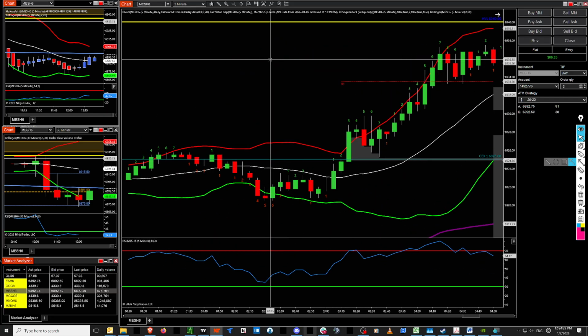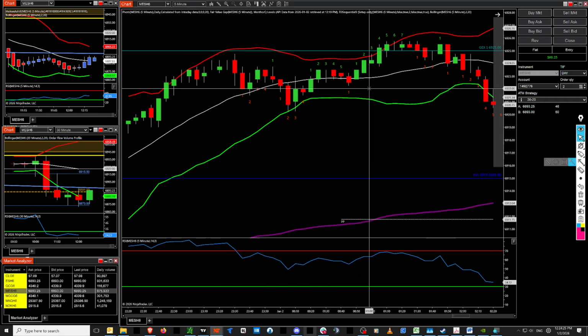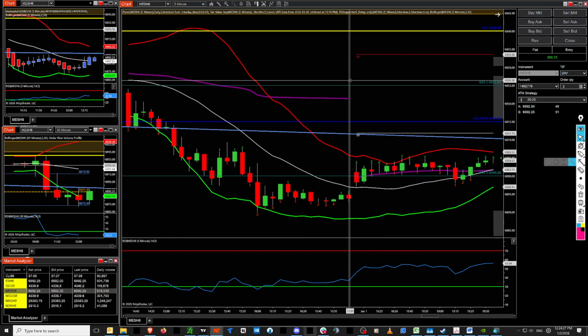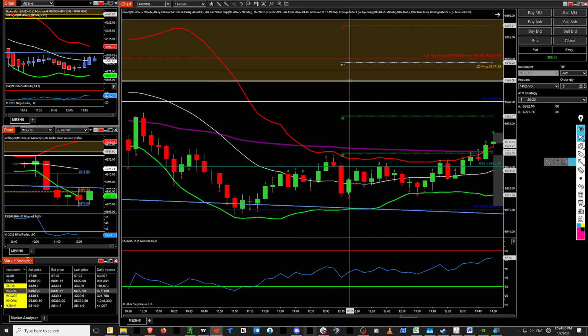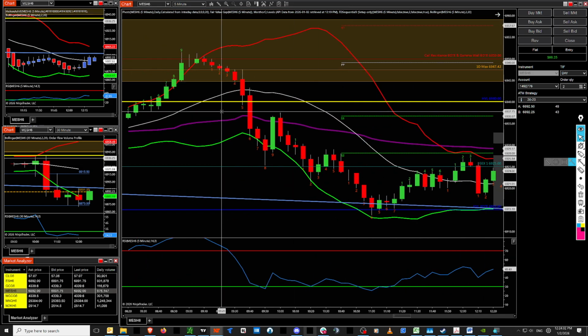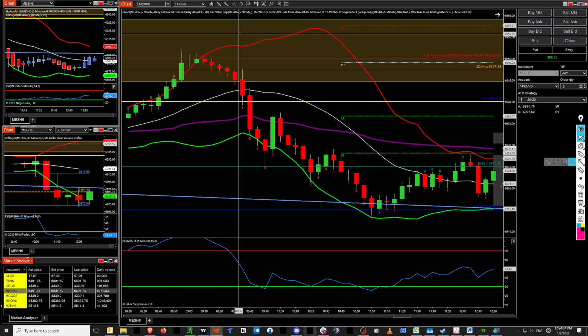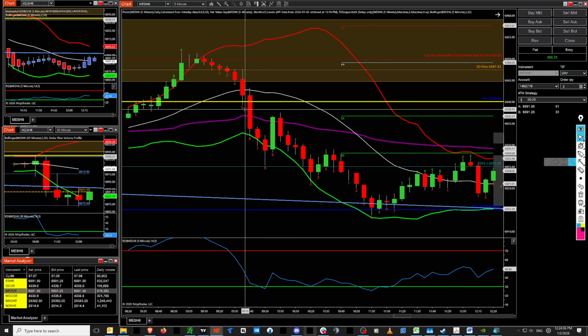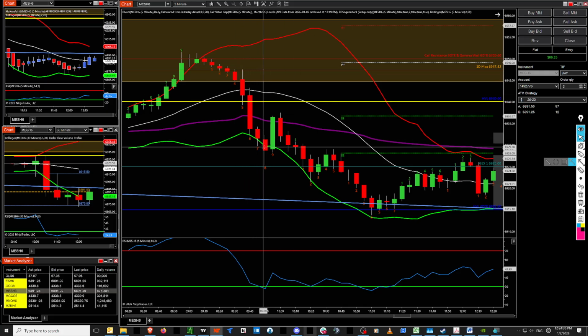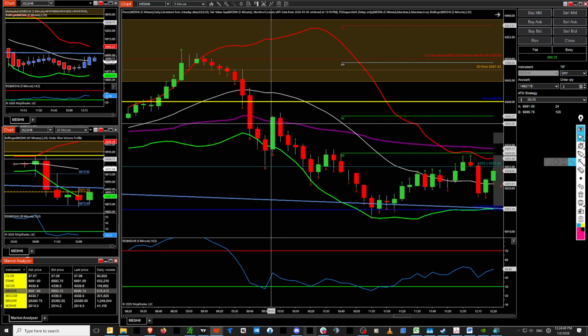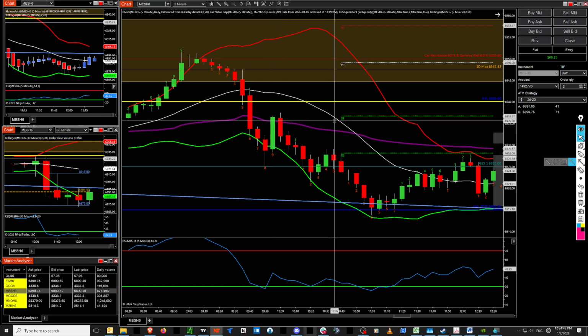Let's see if there's anything else. Yeah. So when we came out of that zone, we stayed down here. You got all these people that went short down here, and this was a couple days actually ago. But at any rate, they've been sitting down here.